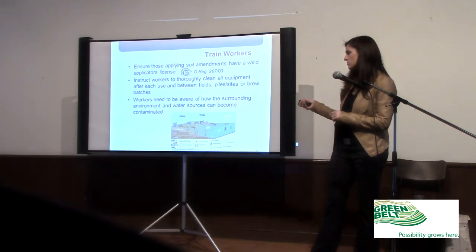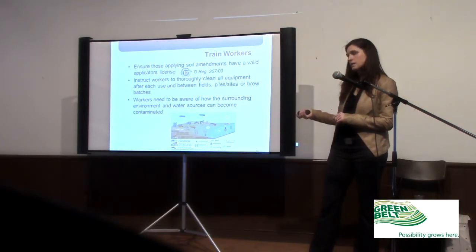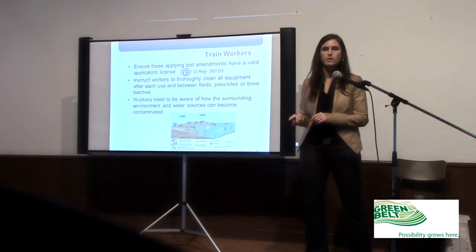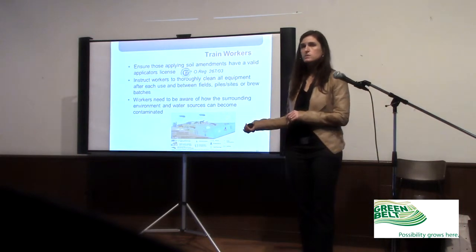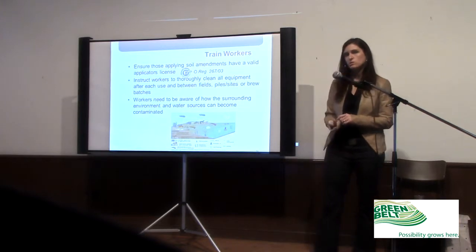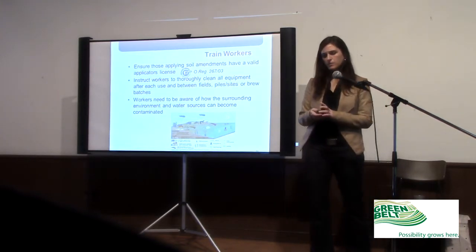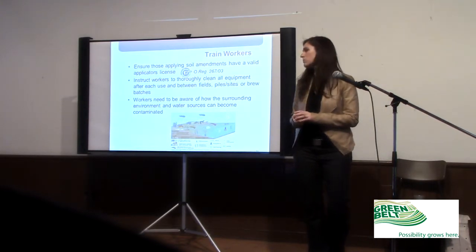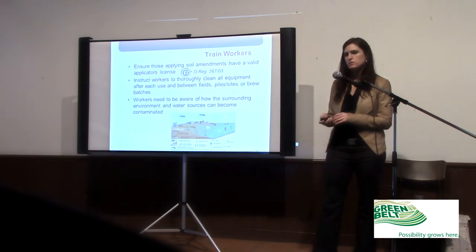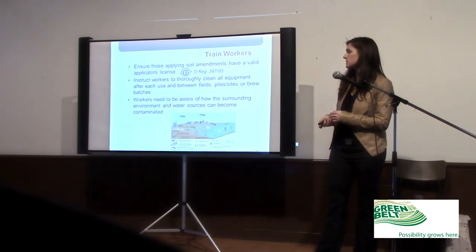They might also not realize that if they're applying it in rain or close to a watercourse, there are risks of contaminating those water sources. So it's about including that awareness, and when people are aware of what the risks are, they can put practices in place and do things a little differently.